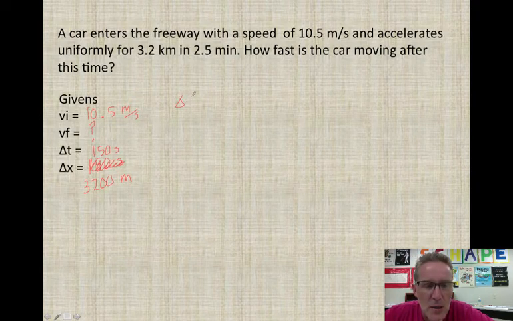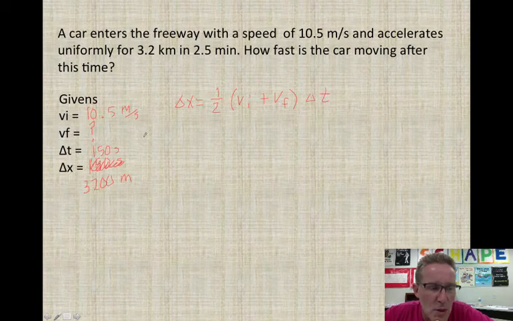Now we can just quickly plug and chug. And so again, I'm going to go through that process I talked about before. Write out your formula. Change in x equals 1/2 the quantity VI plus VF times the change in time. We can just plug numbers in where they go. So the change in x is 3,200 meters.